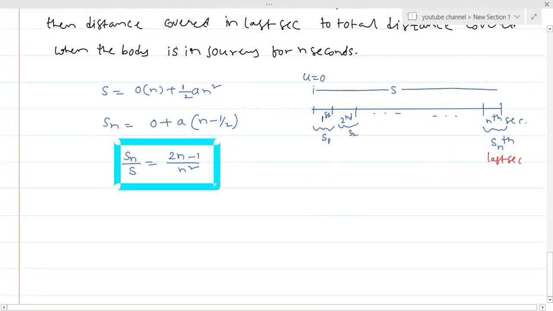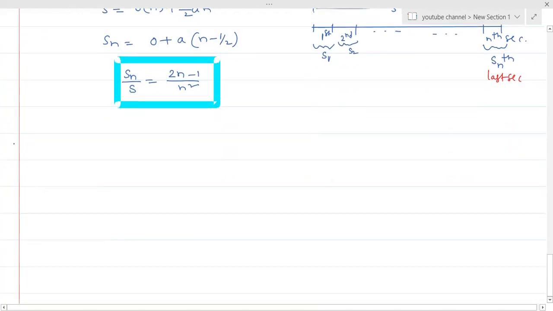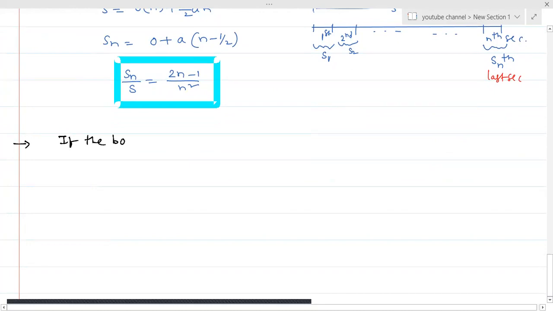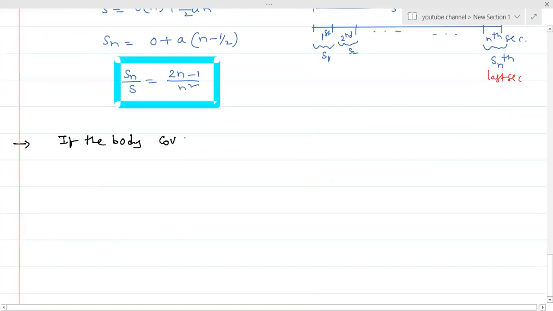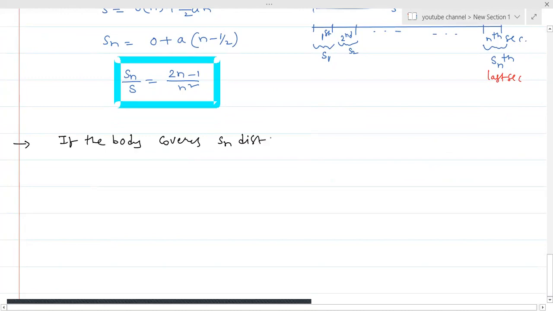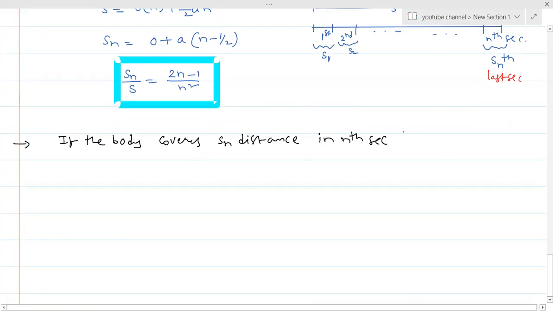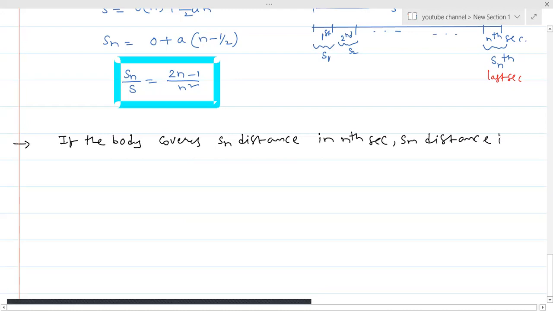So after this, we are taking the next one. Suppose the body covers Sn distance in nth second and Sm distance in mth second.